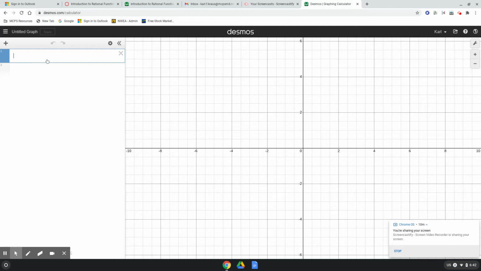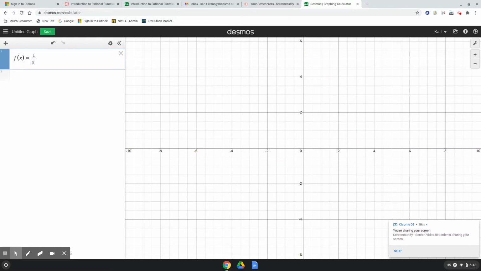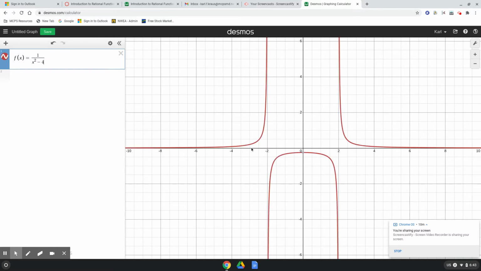And the function was f of x equal 1 divided by x squared minus 4. And you can see that that does have vertical asymptotes at x equal -2 and x equal +2.